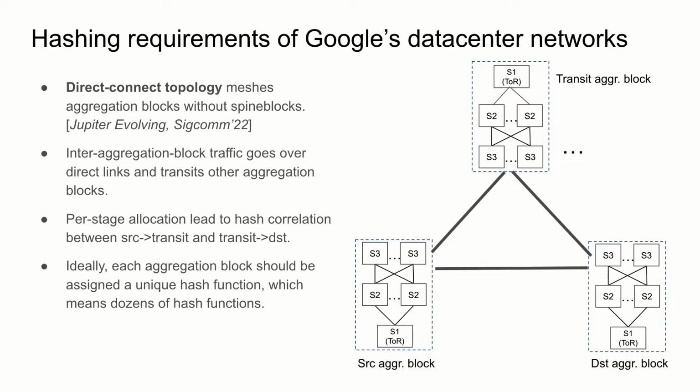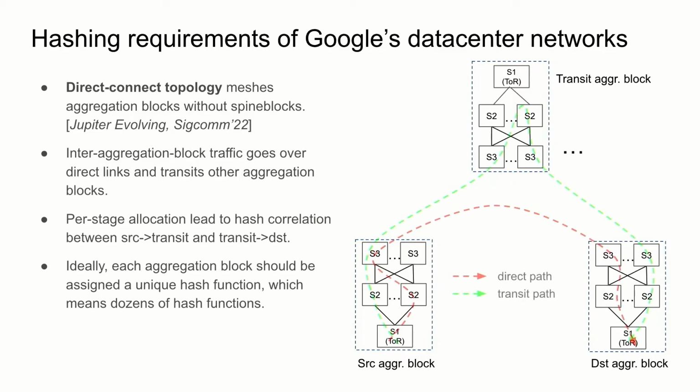Fast forward to more recent years, around 5 years ago, we started building our data center networks using a non-hierarchical direct connect topology. What happens here is we remove the spine blocks and we directly mesh the aggregation blocks together. The problem here, well, first, how do we do routing?